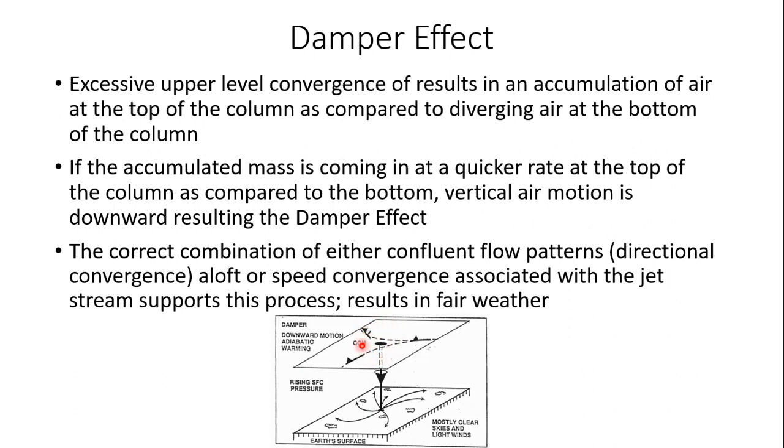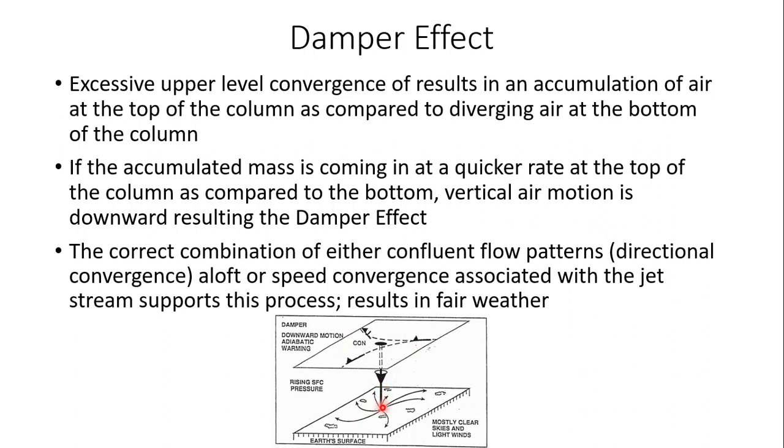So we're accumulating mass aloft at the top of this column of air, all right? As this air accumulates, if the amount and the rate at which this accumulation occurs exceeds what's going on here at the surface with divergence or spreading apart of air, then you're going to have a greater acceleration of downward vertical motion, and whenever the air sinks in the atmosphere, it dries out and warms, and it results in generally fair weather.